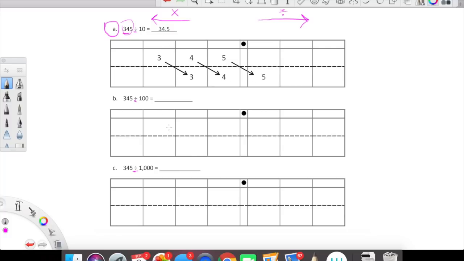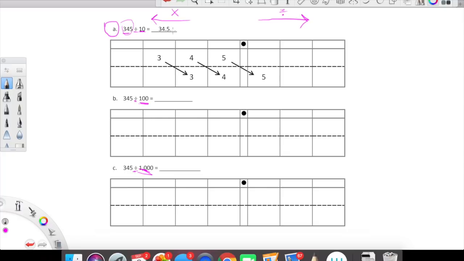We're going to do exactly what we did before. We're going to look at these powers of 10. So we're dividing by powers of 10, and the powers of 10 are increasing. So I want you to think about what's going to happen when we're dividing. Here we're dividing into 10 equal pieces. Here we're dividing into 100 equal pieces. And here we're dividing into 1,000 equal pieces. So I want you to think really critically about what's going to happen with our quotient.